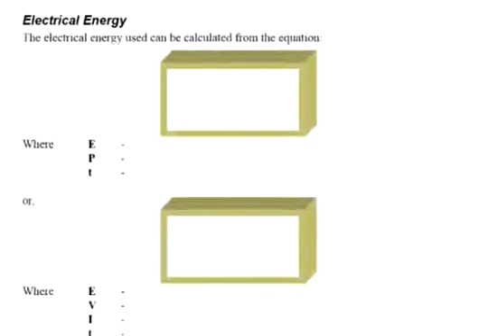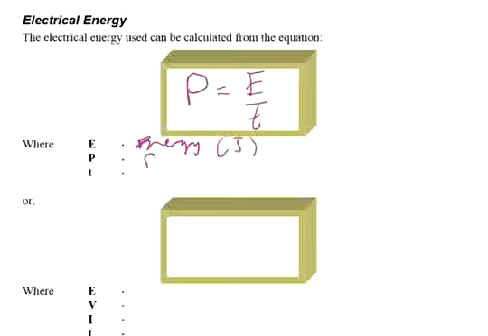Electrical energy. The relationship between electrical power and electrical energy is power is equal to energy over time. Based on my previous slide, electrical power is equal to electrical energy divided by time. So E is energy, which is in joules, P is power, which is watt, T is time in second.